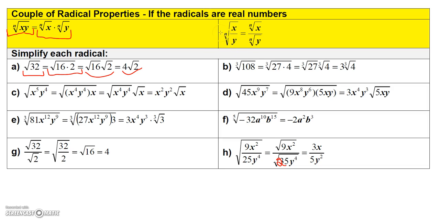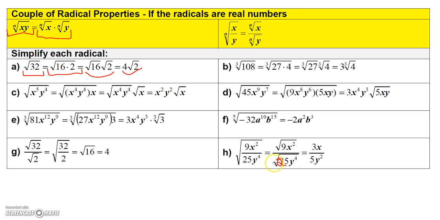And let me show you this other property here. If you have the nth root of a quotient, x over y, you can write that as the nth root of x divided by the nth root of y. Let me drop down here to the last one to show you that. So if I have the square root of 9x squared over 25y to the 4th, I could actually write that as the square root of the numerator, 9x squared, over the square root of the denominator, 25y to the 4th.